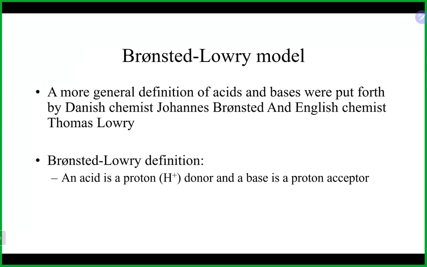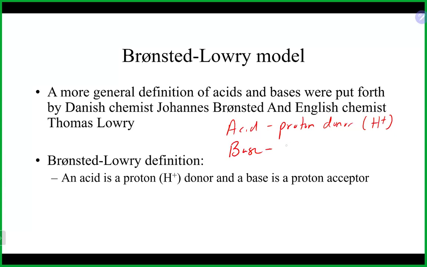The Bronsted Lowry definition says an acid is a proton donor. And remember that a proton is H plus. So a Bronsted acid is something that can give away an H plus to something else, while a base is the one that's going to accept that H plus.